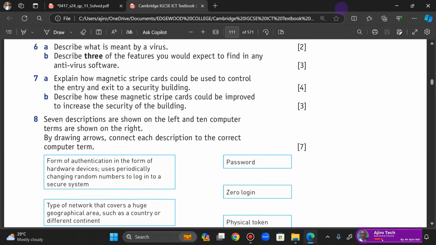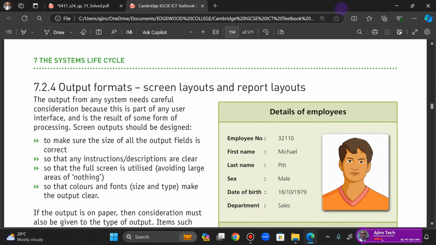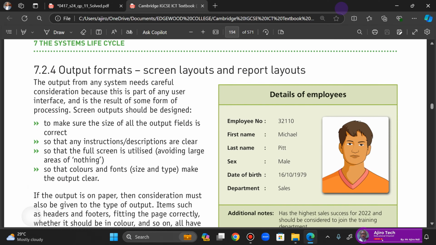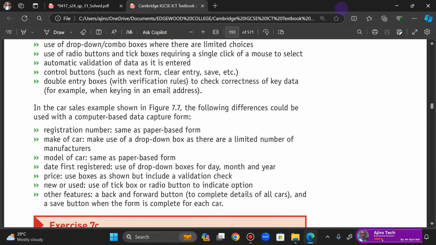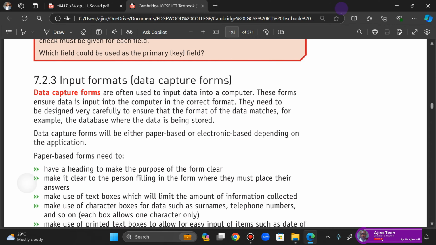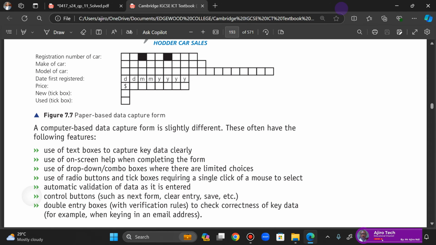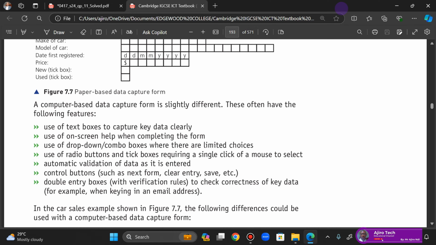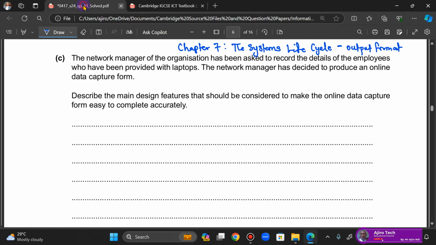You find this right here. Here you can see the output format, but for the data capture format, for the electronic form, the computer one is slightly different and often has the following features: video button, control button like a navigation button, and then on-screen help. All these things are very important.